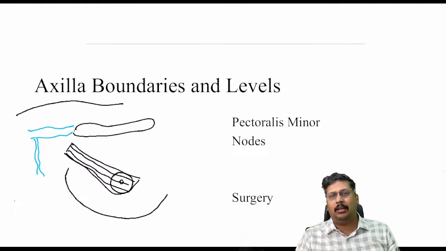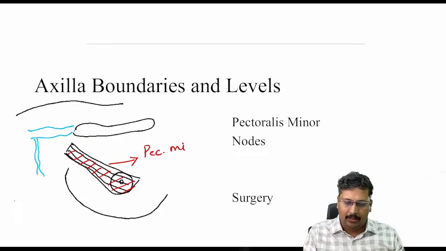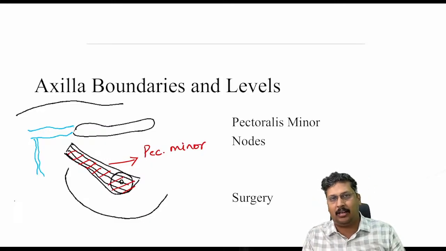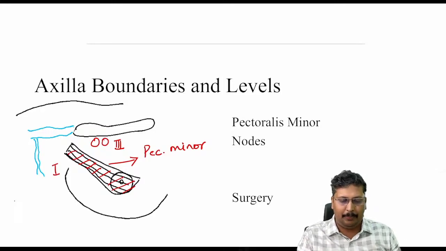It is based on one muscle, a smaller muscle, the accompanying muscle of the pectoralis major, known as pectoralis minor. Based on the lymph nodal relationship to the pectoralis minor, when they are medially present, they are called level 3. When they are laterally present, it is level 1. And when they are present behind the pectoralis minor, it is called level 2.